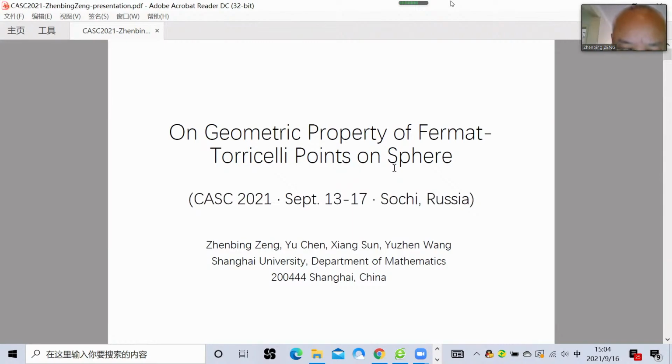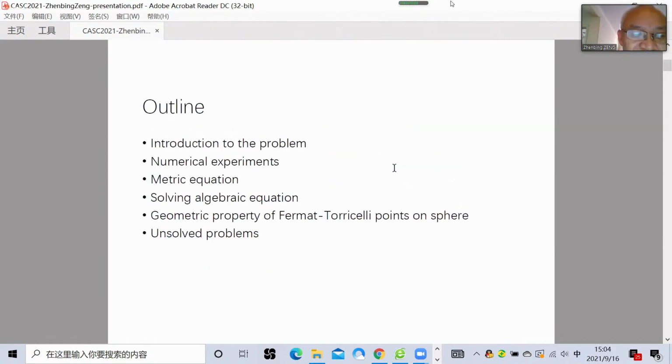This is a joint work with Yu Chen, Xiang, and Wang Yuzheng in my department. The next page is the outline, the contents of the talk.